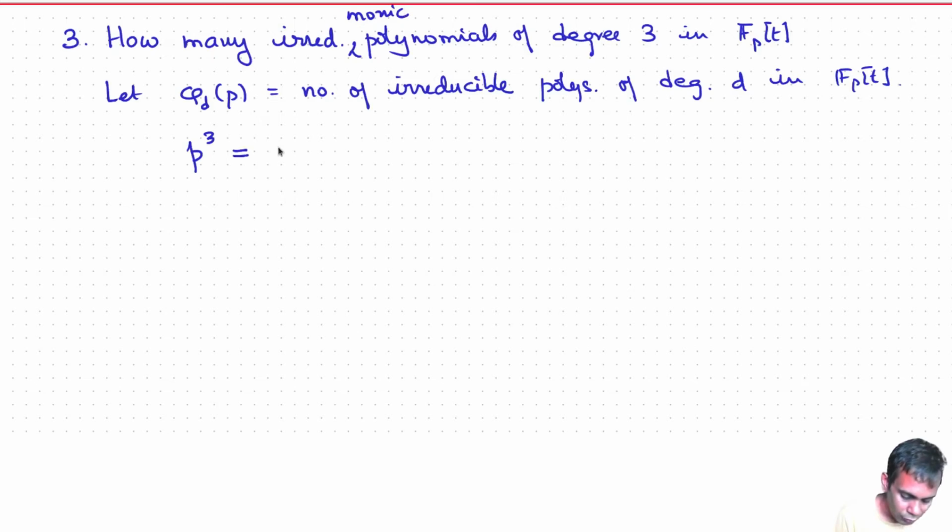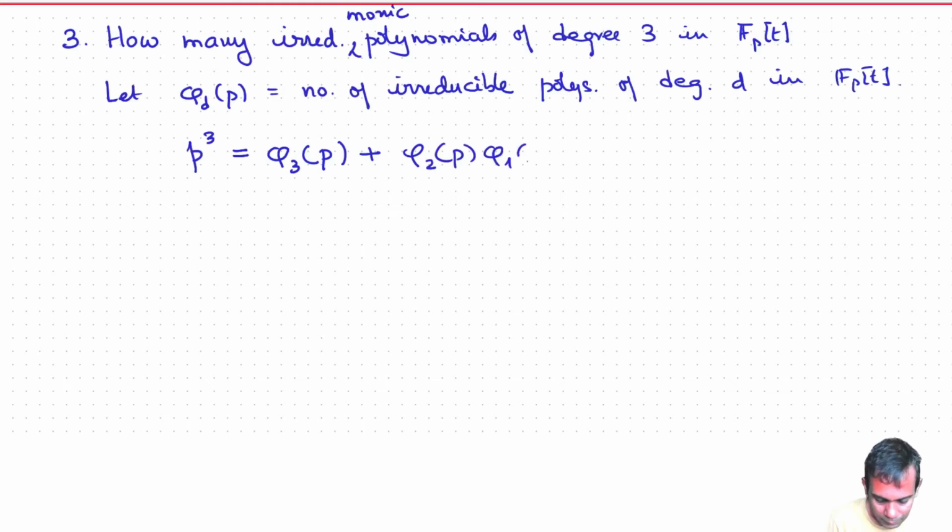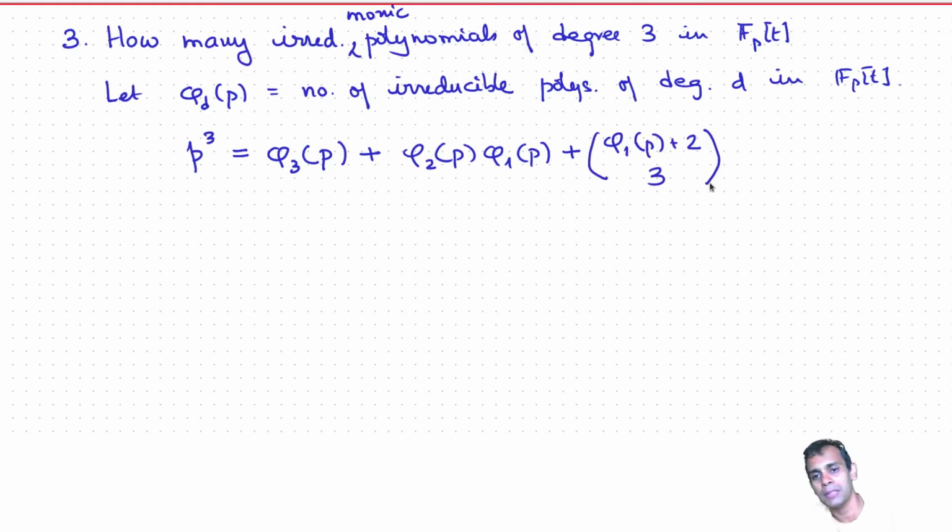And this consists of the irreducible polynomials, which is phi 3p. Then you can have polynomials which have one irreducible factor of degree 2 and one irreducible factor of degree 1. So that's phi 2p times phi 1p. And then you can have polynomials with 3 irreducible factors of degree 1. Now those factors could be repeated, and so what you get is phi 1p plus 2 choose 3, the number of sub-multisets of size 3 of a set of size phi 1p.